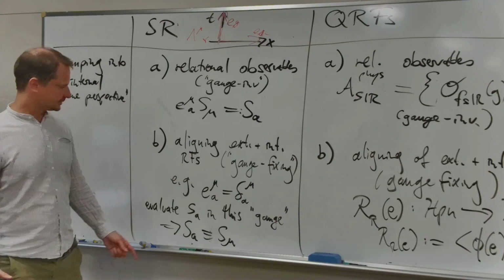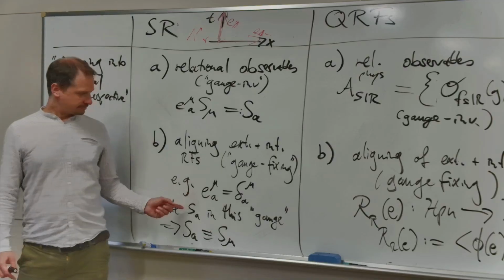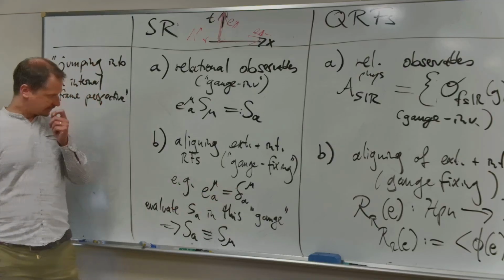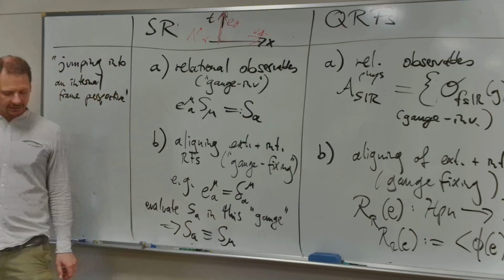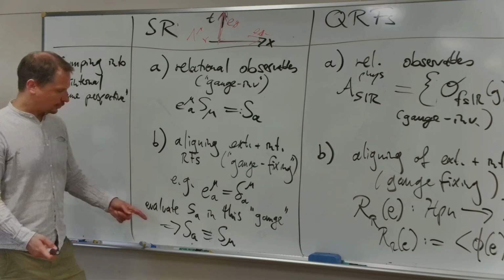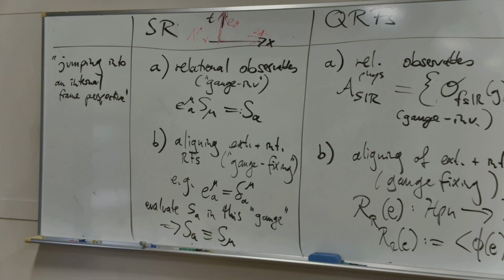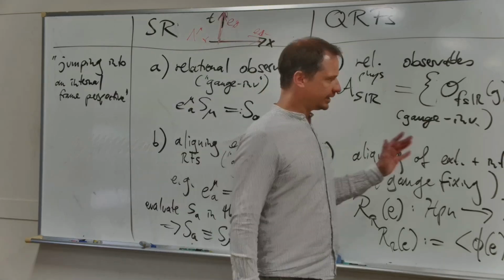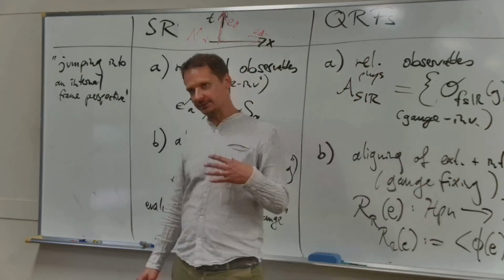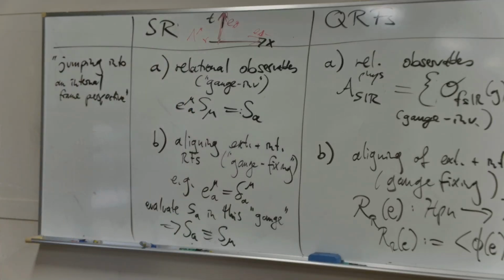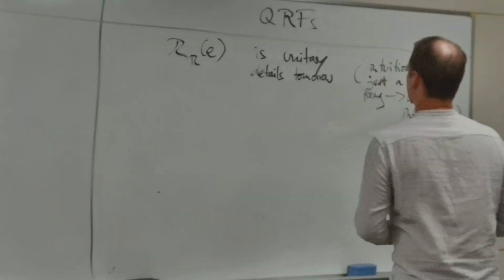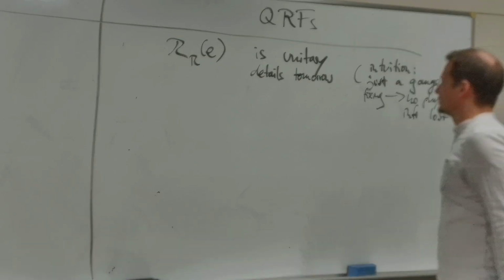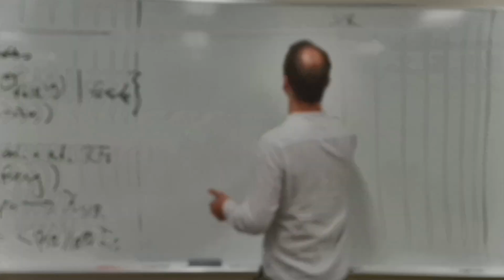In the same sense in which, when you align the external and internal frame in special relativity, you're describing, in the background coordinate system, S as the physical description relative to the internal frame, in the same way I can interpret the image of this map as being a description of S relative to that reference frame. Good, so that's unitary. Are there any questions on this?